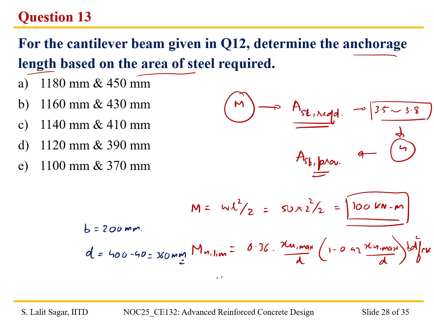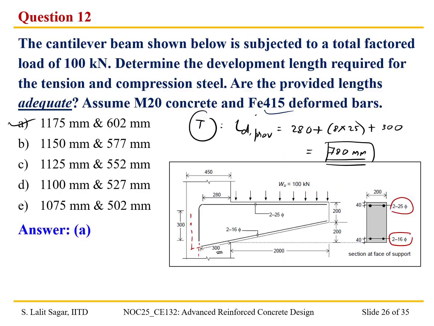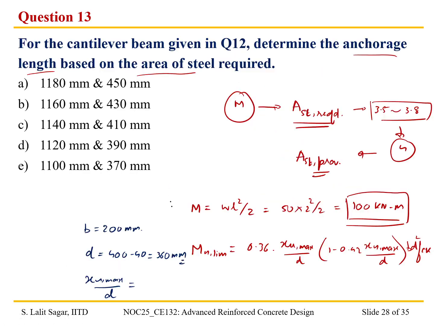That is the value of d, and Xu max by d, because it is Fe415 still, that is 0.48, right?